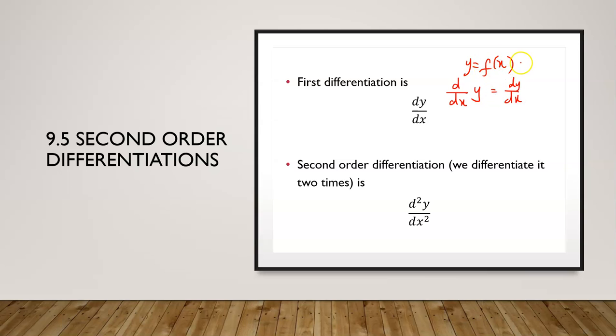Ataupun f(x) is f prime x. So how we get this? Because we differentiate this another one more time with respect to x, so it is actually d/dx of dy over dx. Can you see d and d square y? We treat them as a fraction. d square y over dx is dx squared. Okay, begitu sebenarnya ya.